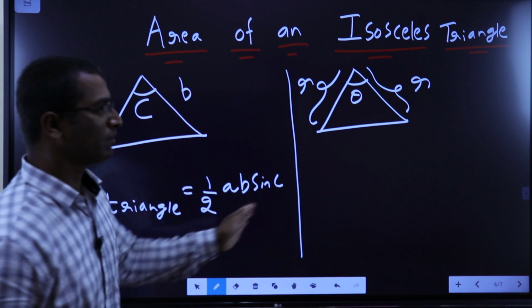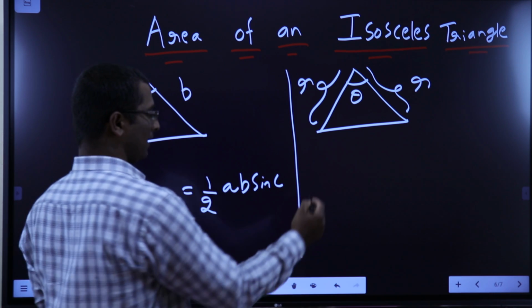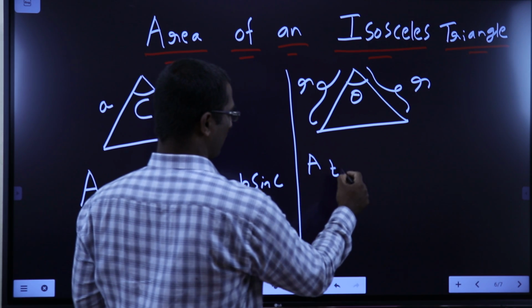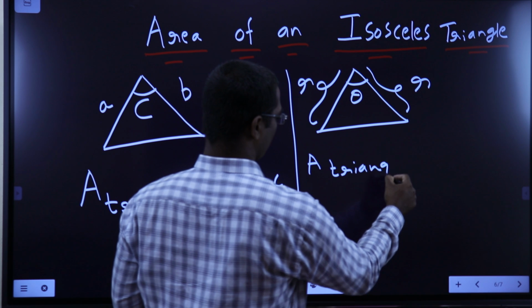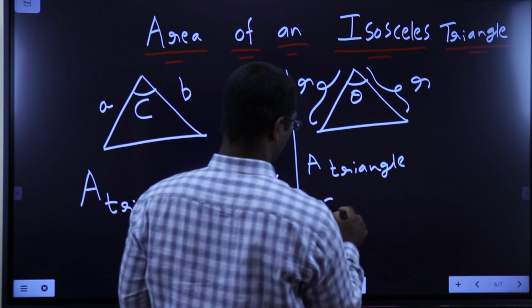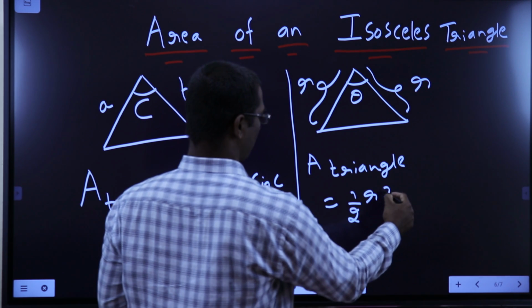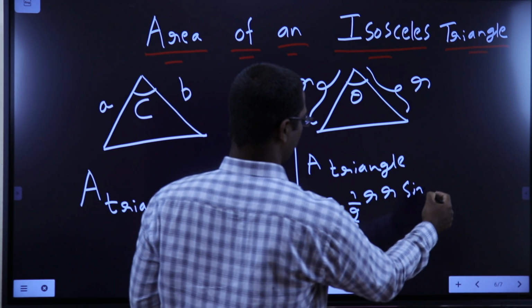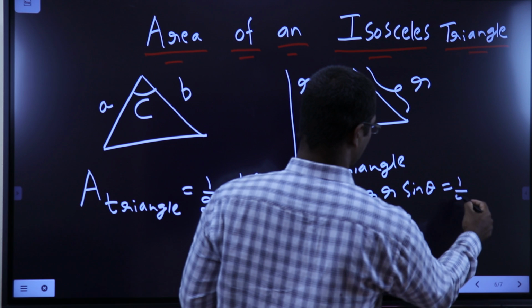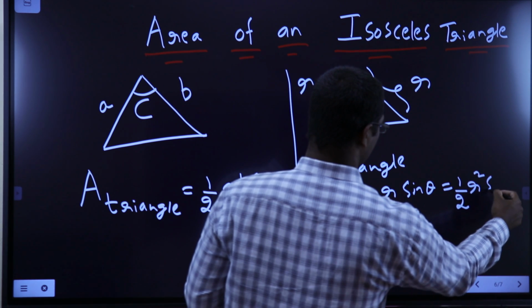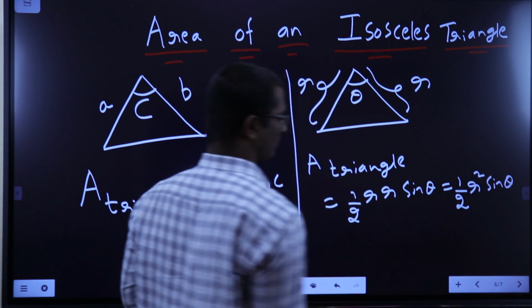So change this formula according to this. What do I get? Area of a triangle equals half, in place of A R, in place of B R, in place of C theta. So that is nothing but half r square sine theta.